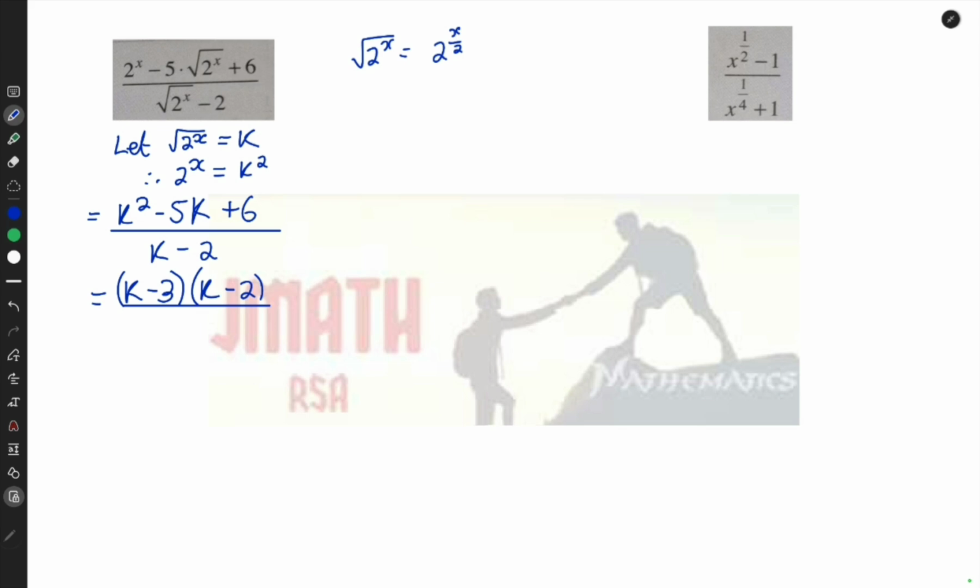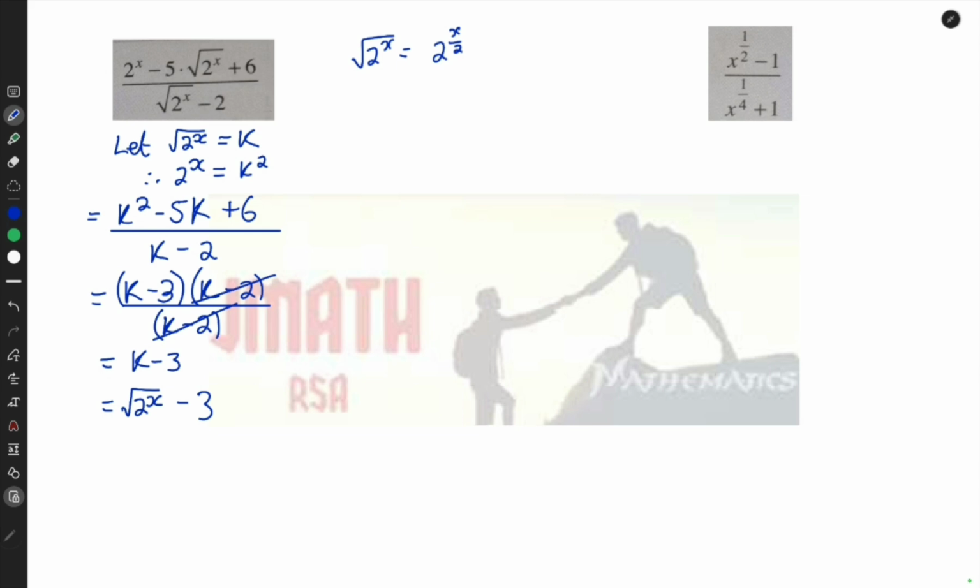I will do an entire video on trinomials and the grade 9 method and then the grade 10 method if you don't have a white calculator. So let's continue with the sum. I can cancel them out and I'm left with k minus 3, but I must remember to sub back what I said was k. So in this case, the square root of 2 to the power x minus 3 is my final answer.